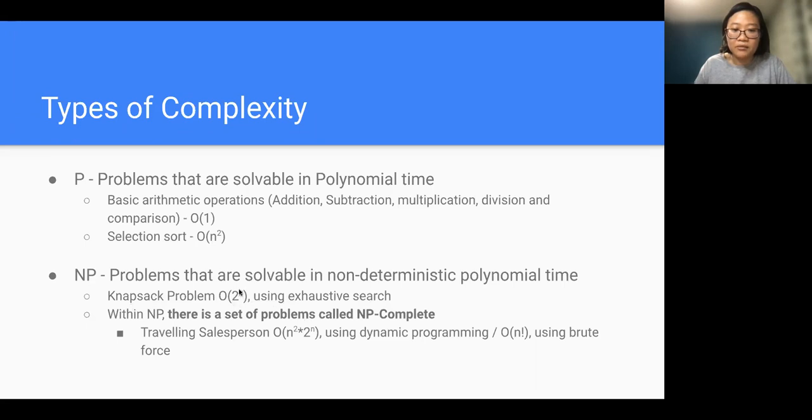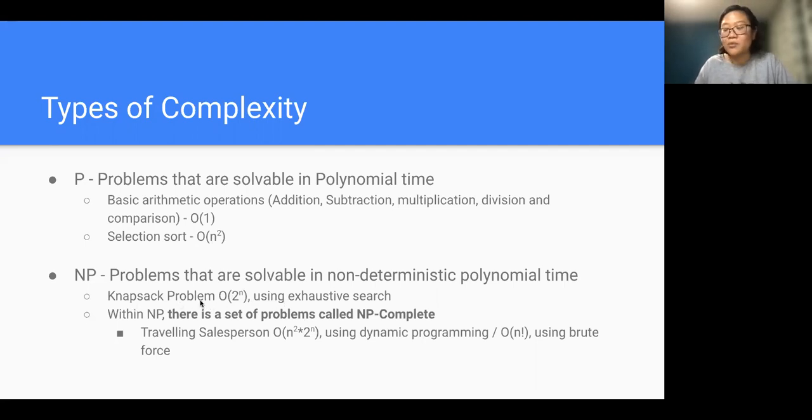But basically here, the key to recognizing whether something is a P or an NP is when you get to the complexity, if your variable is an exponent, so if your n is in the exponent, then that means it's likely to be an NP type problem.